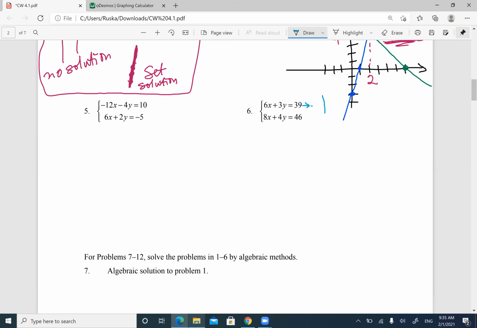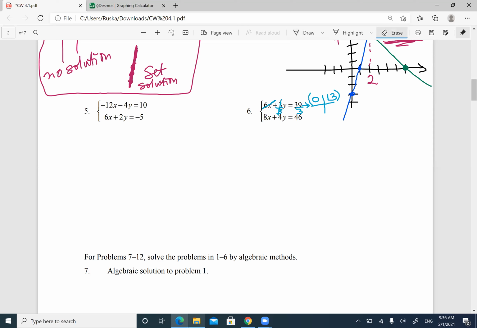So I'm going to replace x with 0. When x is 0, 6 times 0 is 0. So I'm going to get 3y equals 39. I'm going to divide 39 by 3, right? It's going to be 13. Everybody see that? So (0, 13) is going to be my first point.